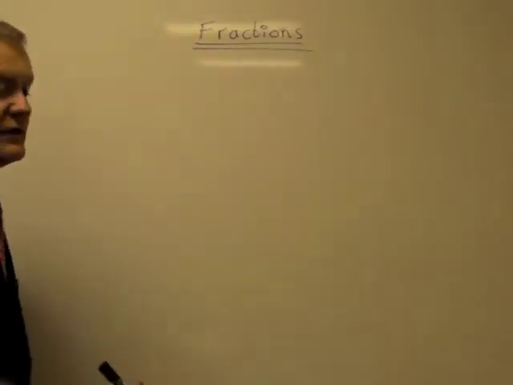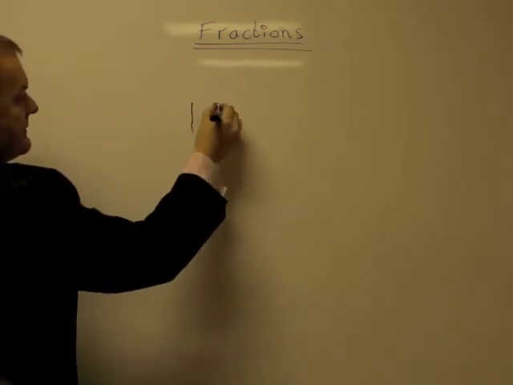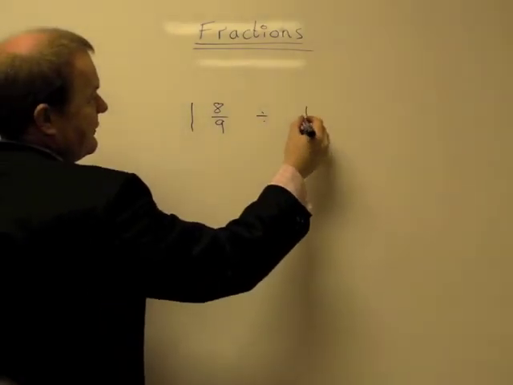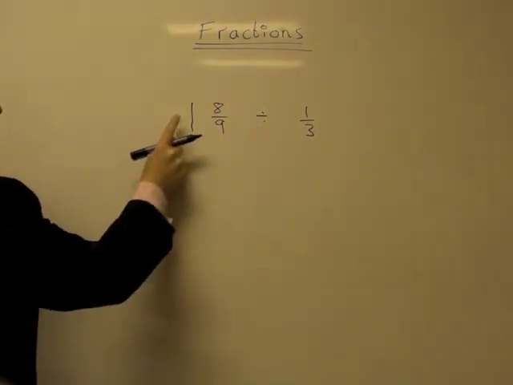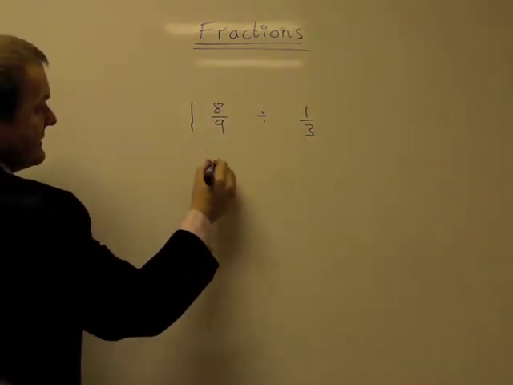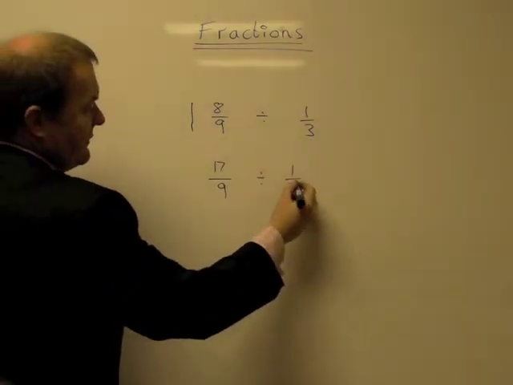The same goes for division. So we've got 1 and 8/9 divided by a third. So 1 and 8/9, first of all, I'm going to change that into just ninths. So that's 17/9 divided by a third.